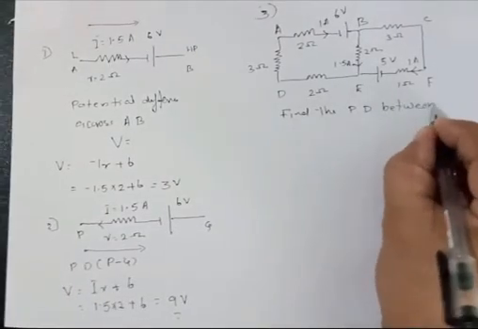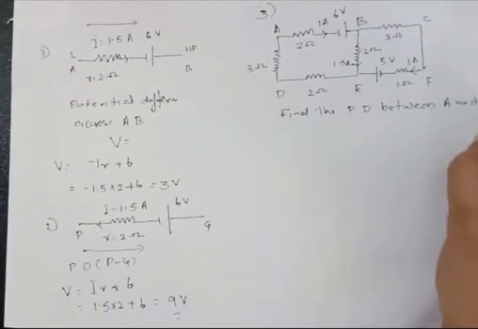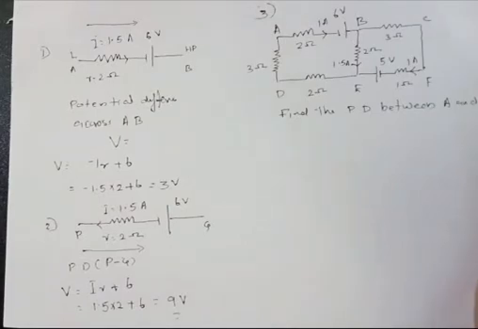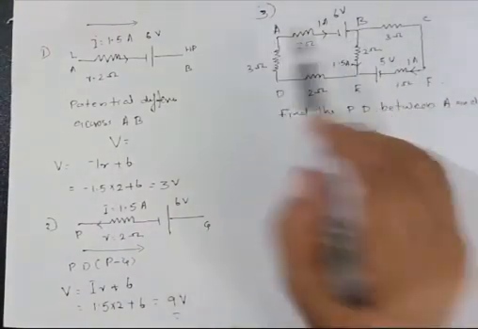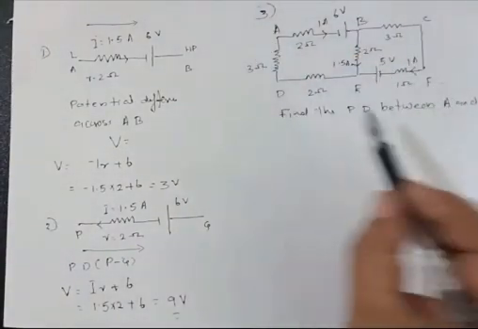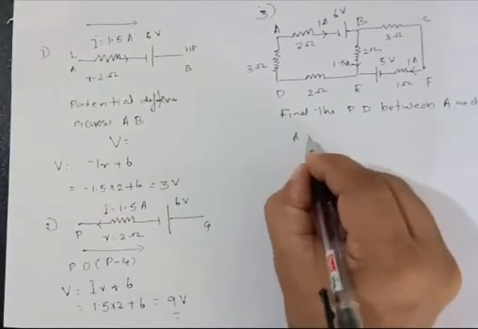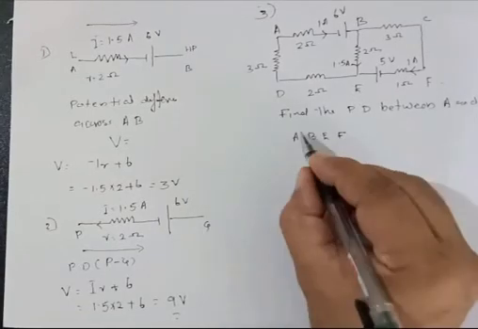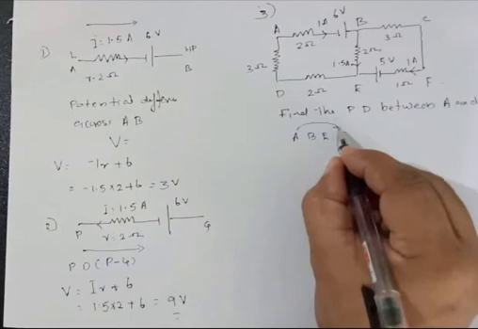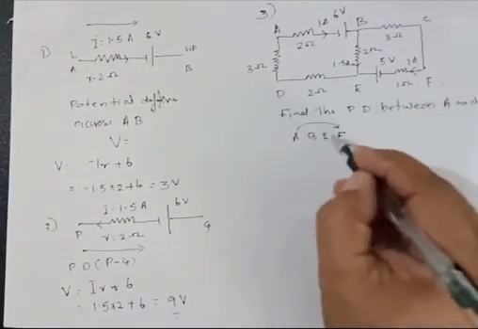Find the potential difference between A and F. So you need to start from A and reach F. Now you don't need to worry about the rest of the circuit structure. You just need to find a path to reach from A to F. So you will take this path A, B, E, F. We will just take the measurement of potentials across each of these segments.